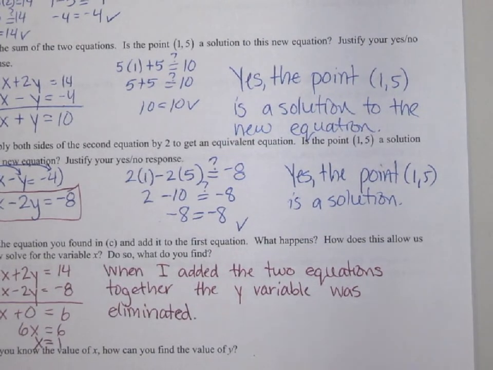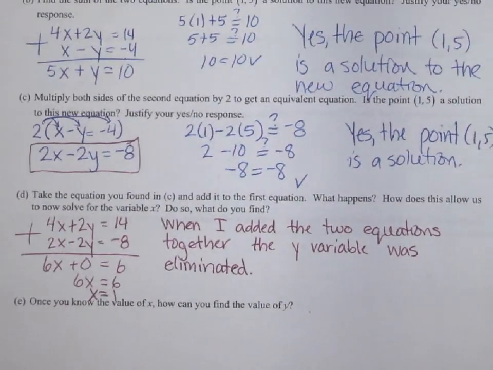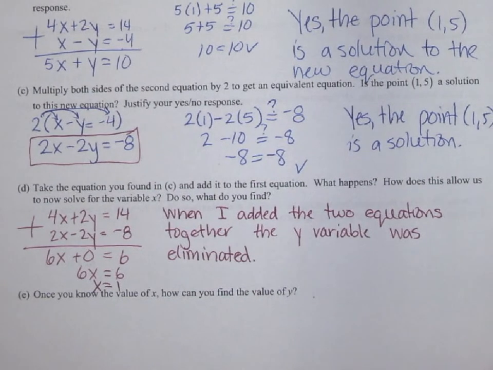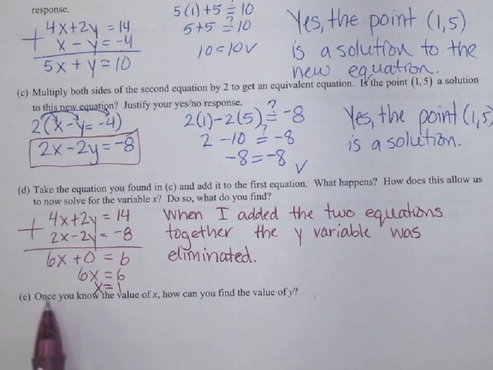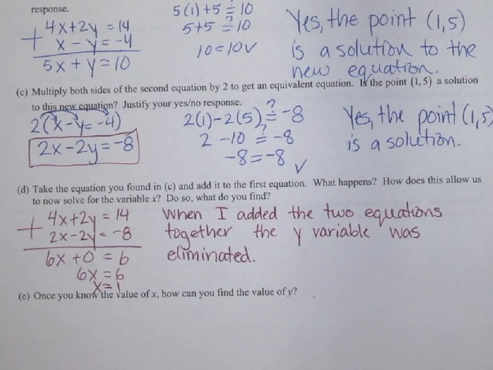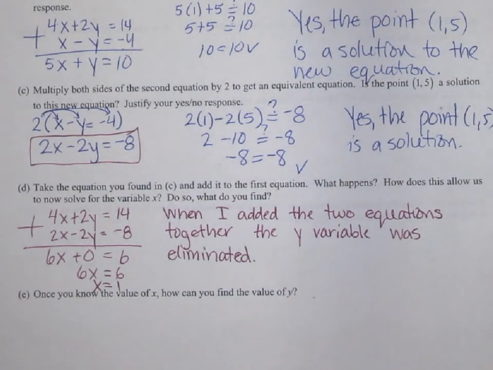Right? When I added these two equations together, my y variable was eliminated. It allowed me now to solve for x, and I got that x is 1, right? I showed it right here. Now I know x, can I find y? Yes, I can take that and substitute it back into one of my original equations.